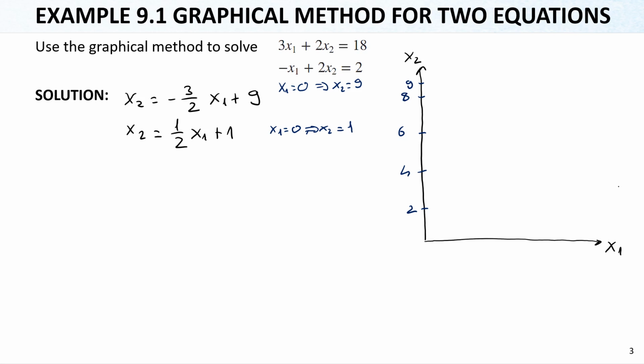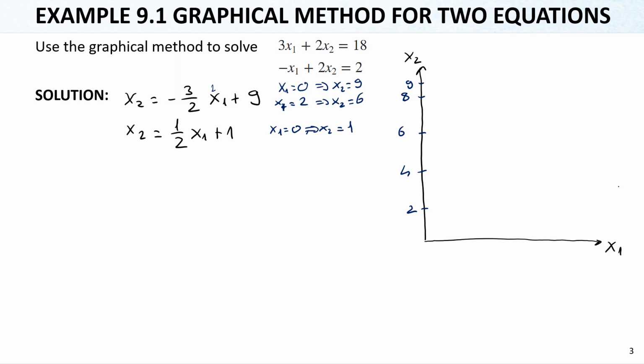The first equation starts from 9, and we can try different values as well. For example, if x1 is 2, then x2 is 6. So between these we can draw a line.